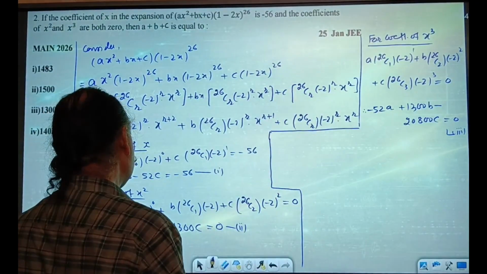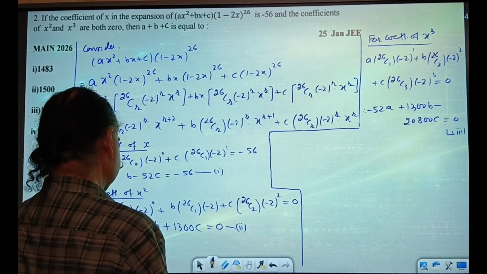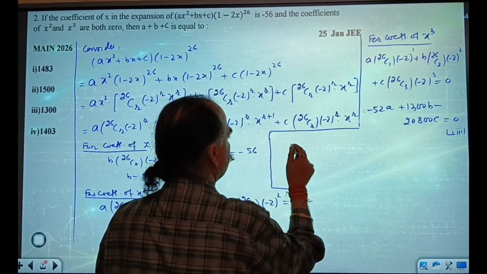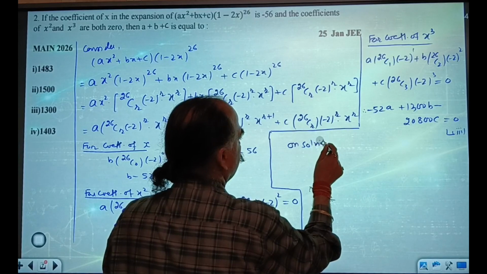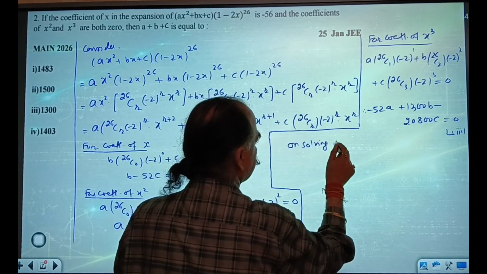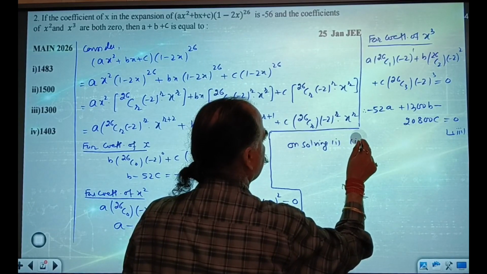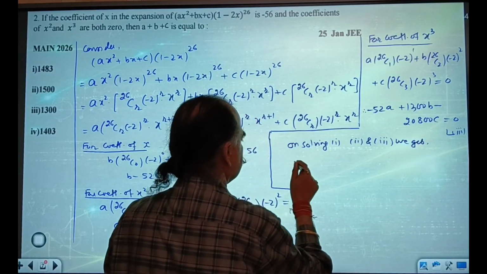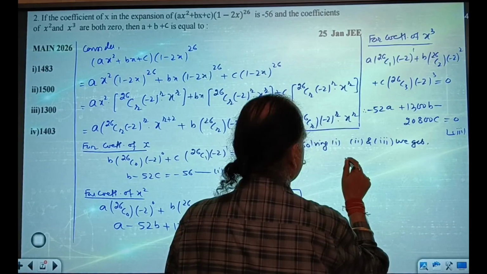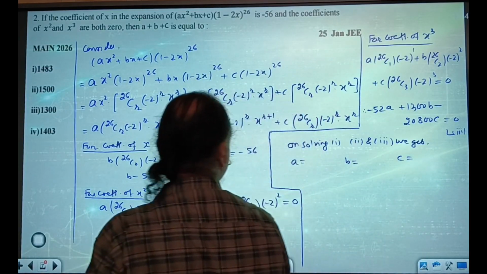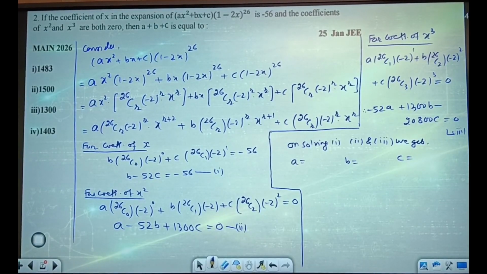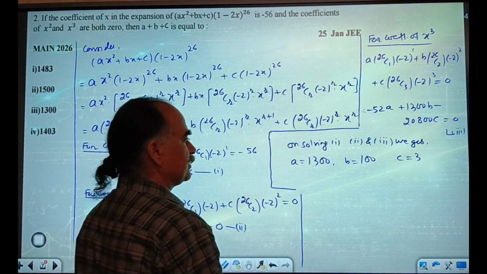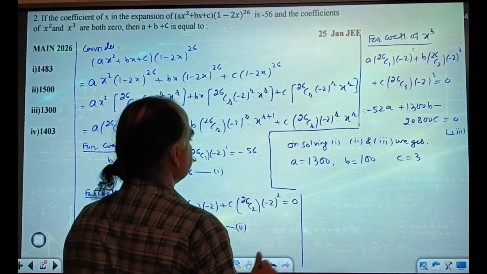From 1, B is what? 52C minus 56. On solving 1, 2 and 3, we get A is 1300, B is 100 and C is 3.